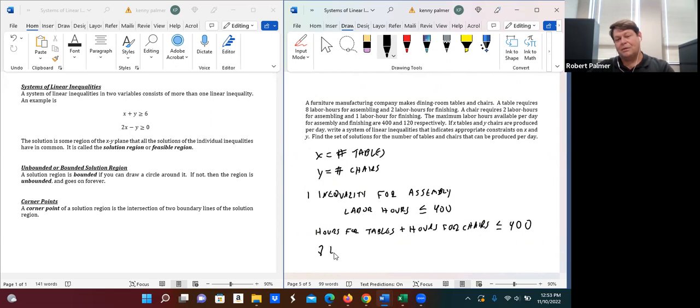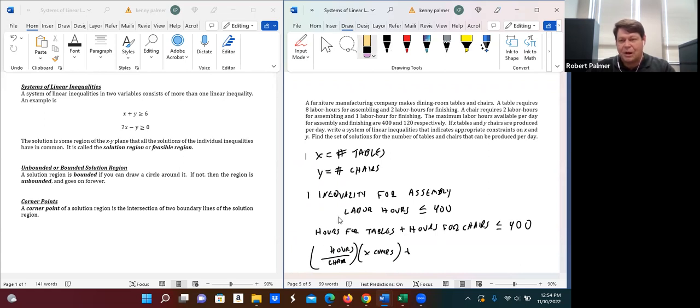So 8 hours per table times the number of tables gives us the hours. Sorry, I said chairs, but I can add in any order.